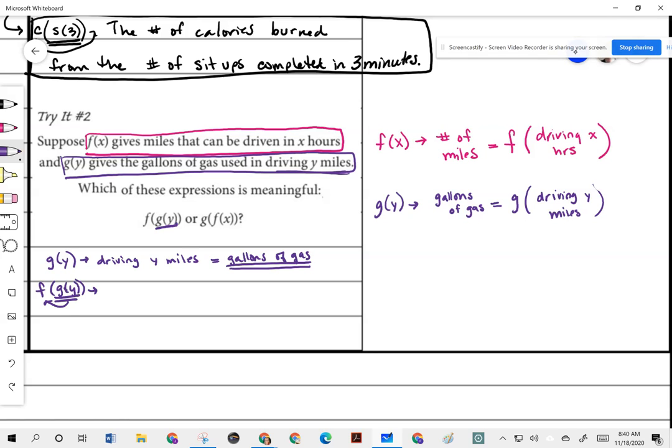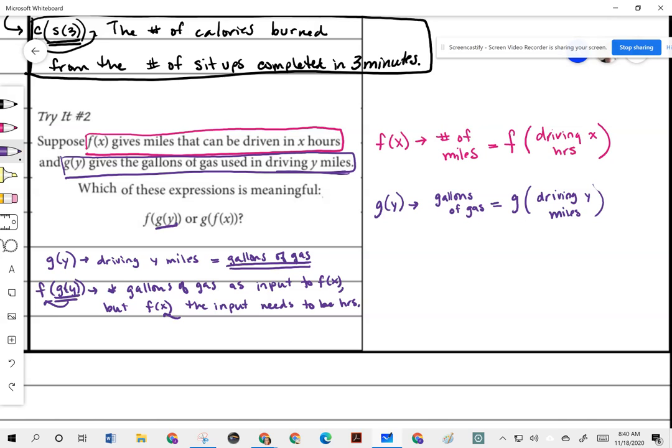So that's going to be difficult to do because we're supposed to take the gallons of gas as the input to f of x, but for f of x, the input needs to be hours.